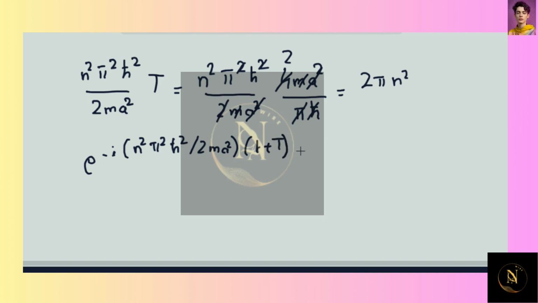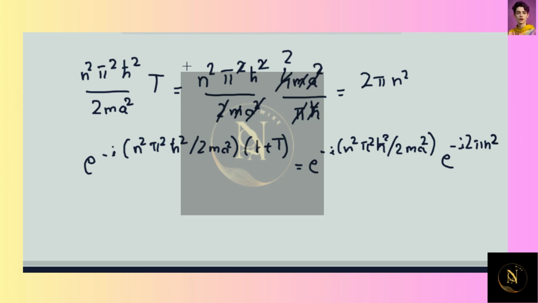is equal to e to the power minus i n² π² ħ² divided by 2ma² t, into e to the power minus i 2π n².